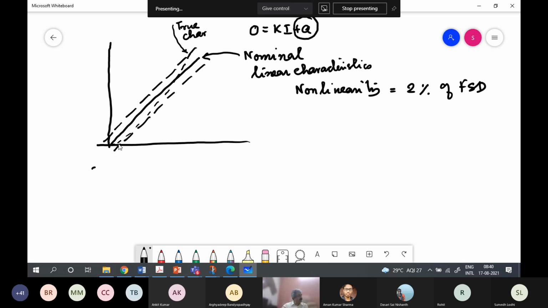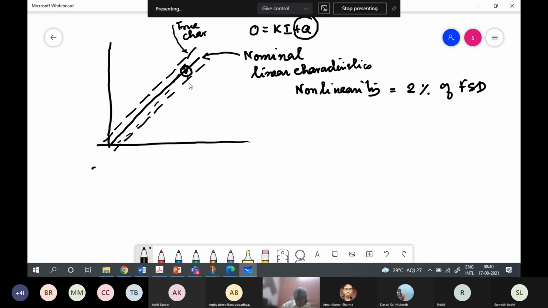When I'm saying that nonlinearity is limited to 2% of full scale, then I am saying that anytime you get a reading, or if you give an input, it actually, specifications are, this is another thing, a little bit confusing, always given so: if you apply a full scale input, then the nominal output is going to be this.